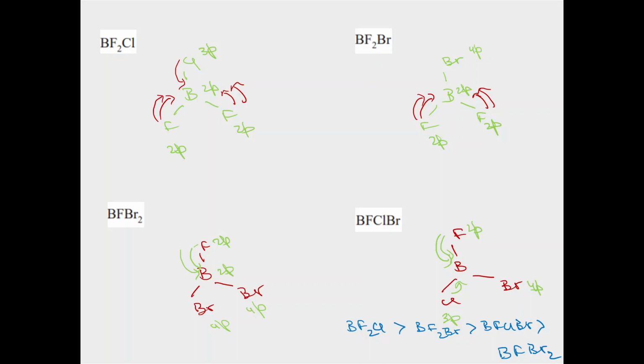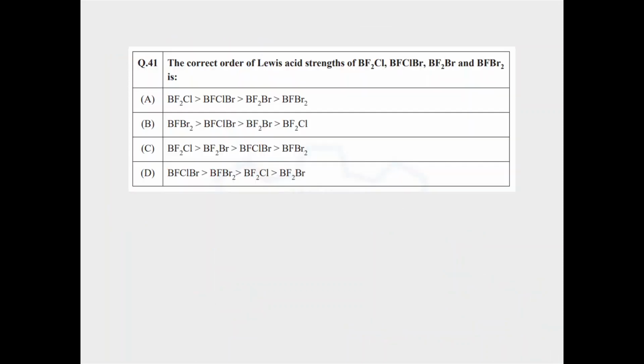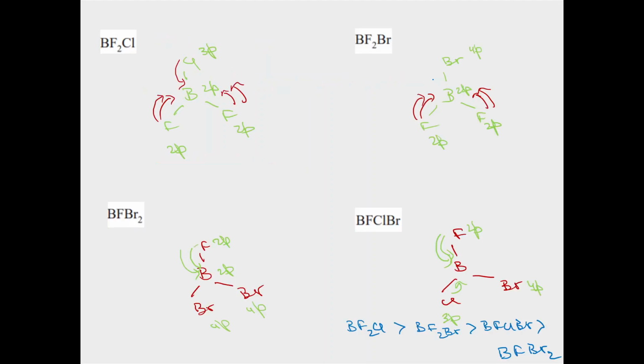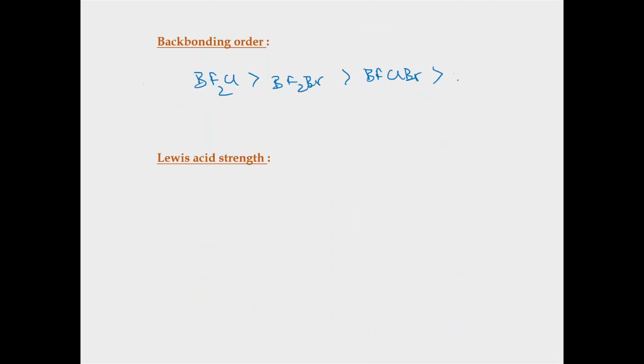Since back bonding and Lewis acid strength have an inverse relation, the order for increasing Lewis acid strength will be just the opposite of this. So I will write: BF2Cl, BF2Br, BFClBr, and BFBr2.